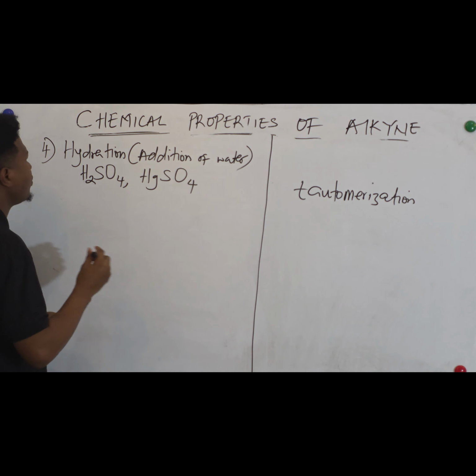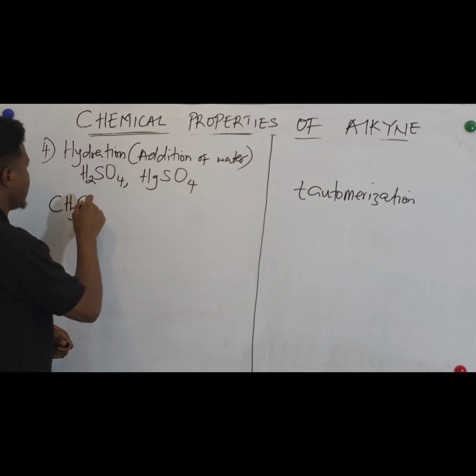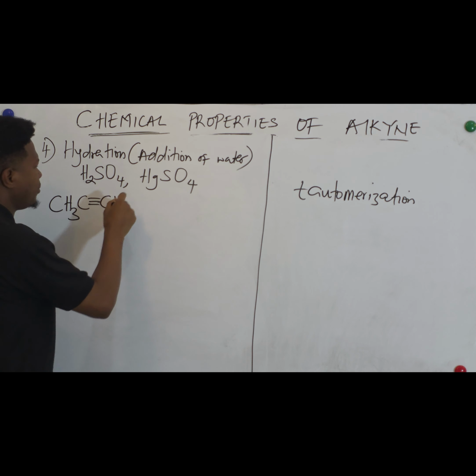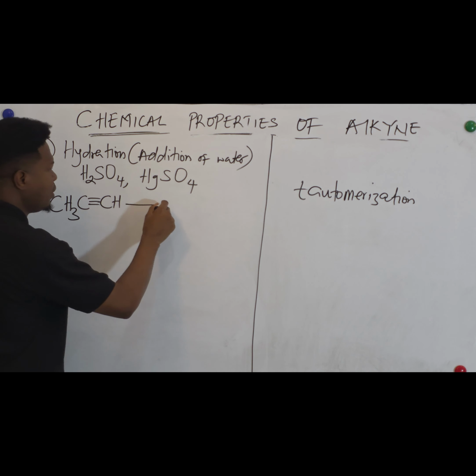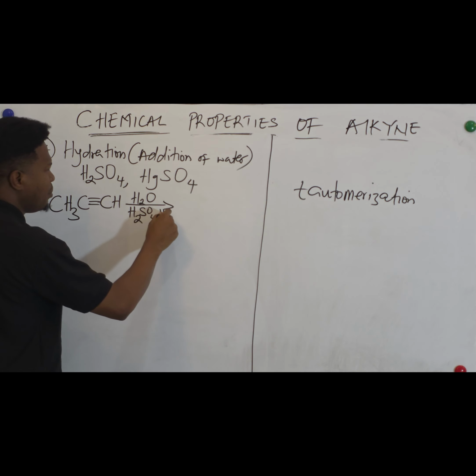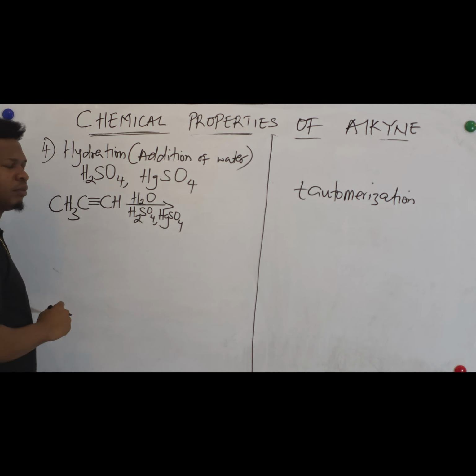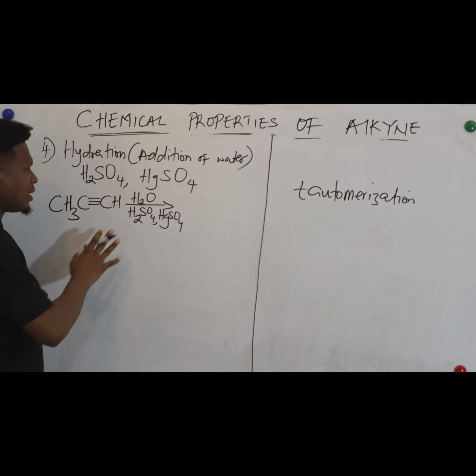So let's carry out this reaction. For example, let's say we have ethyne reacting with water in the presence of the catalyst, which can be a mixture of these, or you can use one of them.